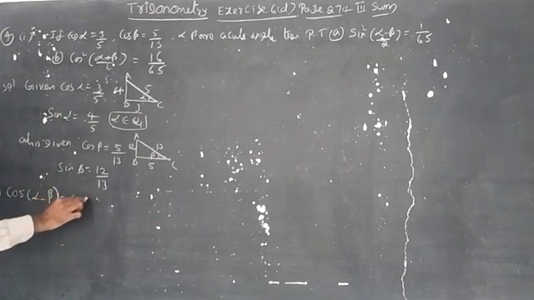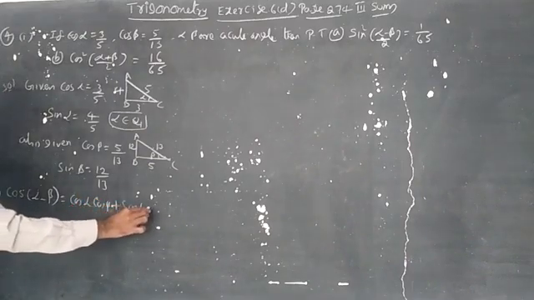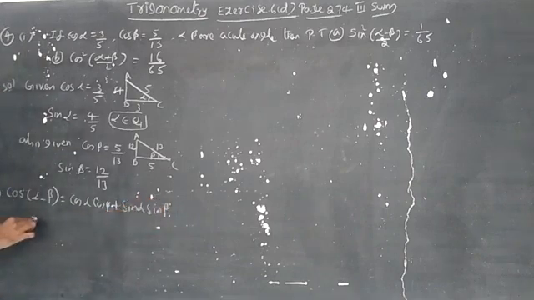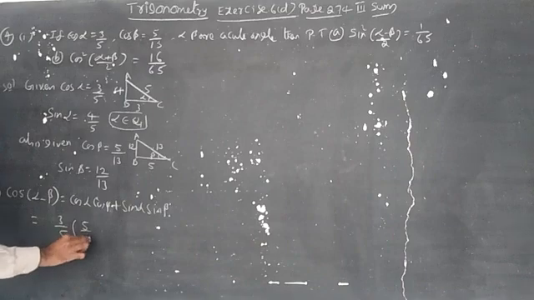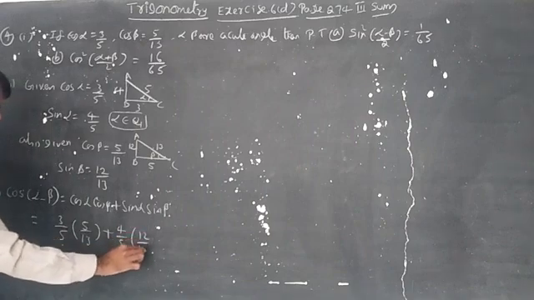Now consider the value of cos of (alpha minus beta). Write the formula: cos of (alpha minus beta) as cos alpha cos beta plus sin alpha sin beta. Write the values here: cos alpha meaning 3 by 5 into cos beta meaning 5 by 13, plus sin alpha 4 by 5 into sin beta 12 by 13.